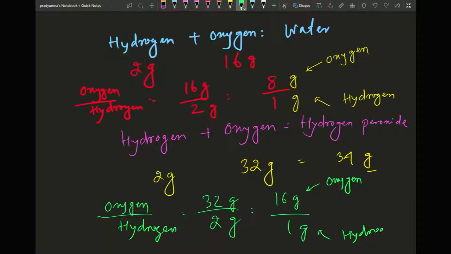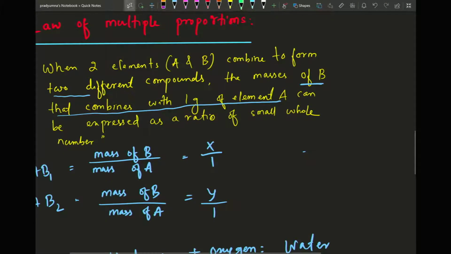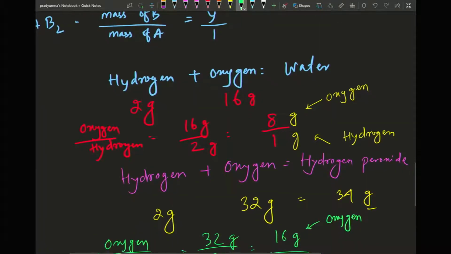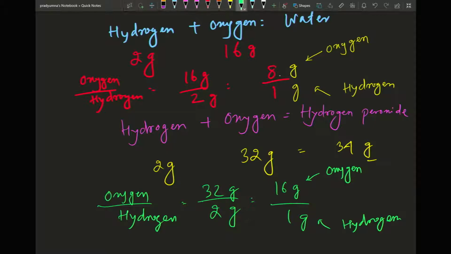So remember the rule, this law? You have to find the masses of elements that combine with 1 gram of element A. We just did. We figured out that we need 8 grams of oxygen to combine with 1 gram of hydrogen to make water, and here we need 16 grams of oxygen to combine with 1 gram of hydrogen.